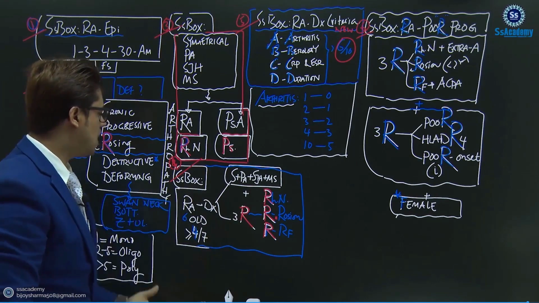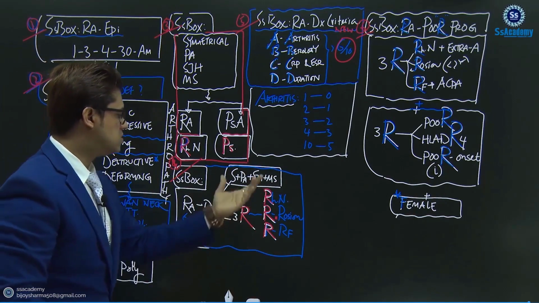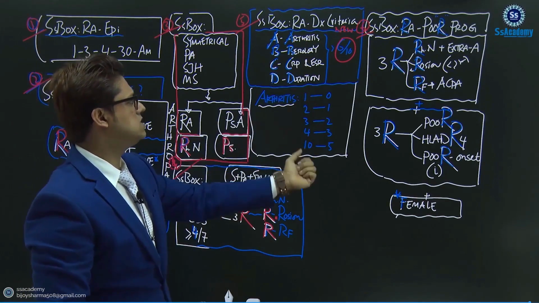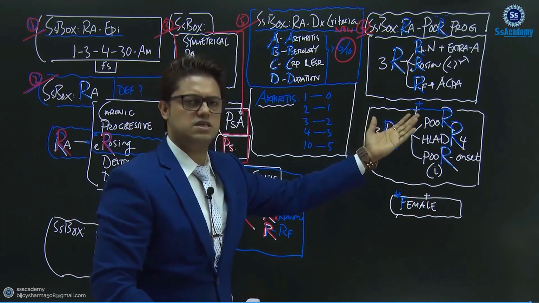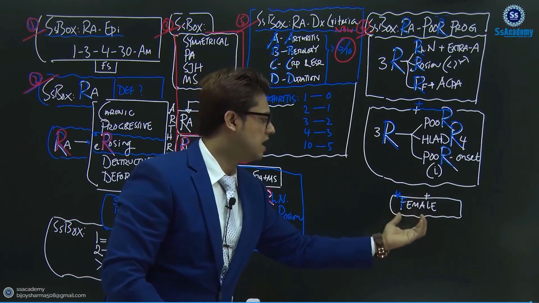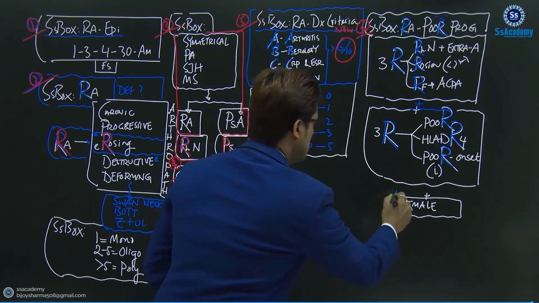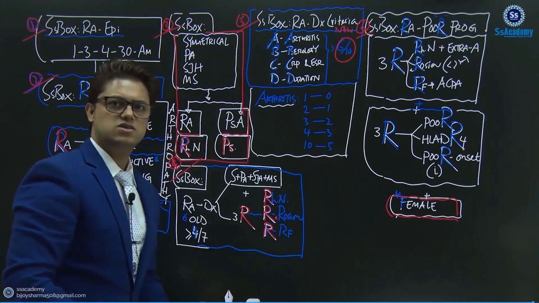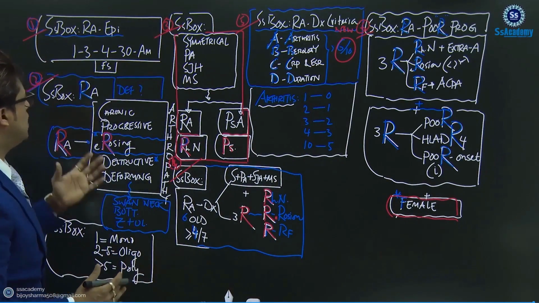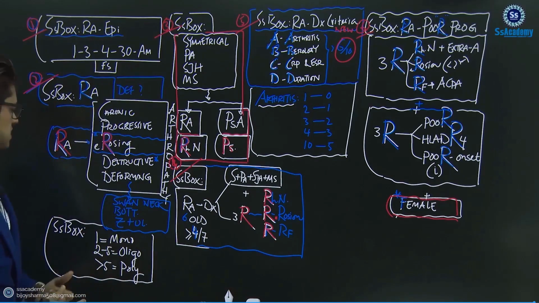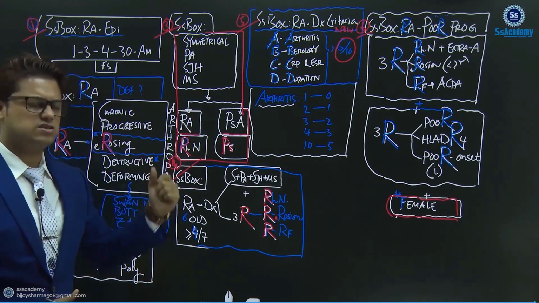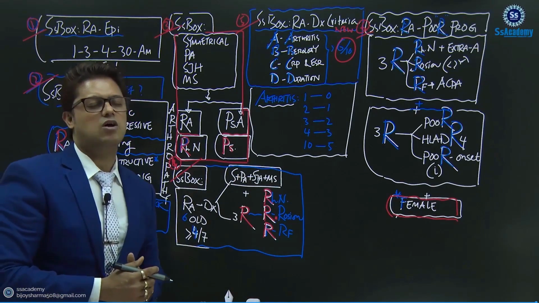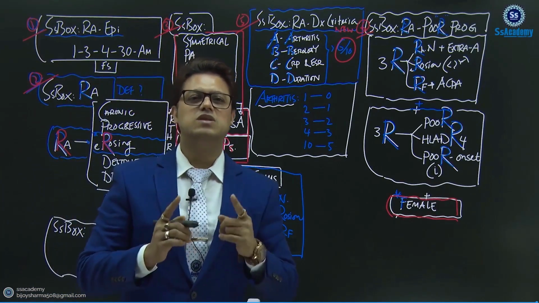And next the diagnostic criteria, there is the 4 of 7, the 3R added with that, and once again the new diagnostic criteria, ABCD, and the poor prognostic features are nothing but another 3R, and also female, my dear, that you need to remember. Yes, female is a poor prognostic feature, my dear. I hope that, my dear, the discussion of rheumatoid arthritis, starting with the epidemiology, definition, the old diagnostic criteria, the new diagnostic criteria, and the prognosis, you enjoyed, my dear. Thank you very much.